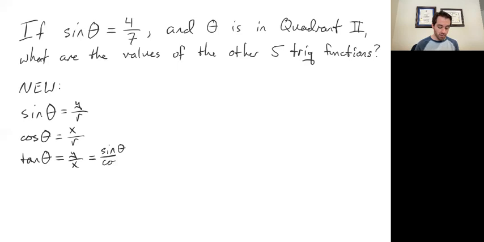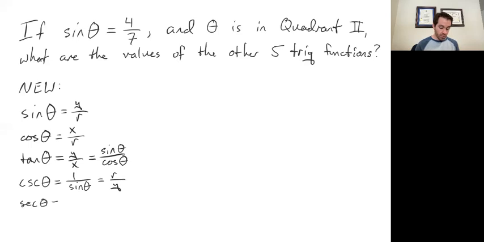or if it's more convenient, you can do sine over cosine, because after all, y/r divided by x/r, the r's go away, and you do end up with y/x. So you can think of it as y/x or sine over cosine. And then there's also the co-functions. Cosecant of theta is 1 over sine of theta, which we can think of as r/y.